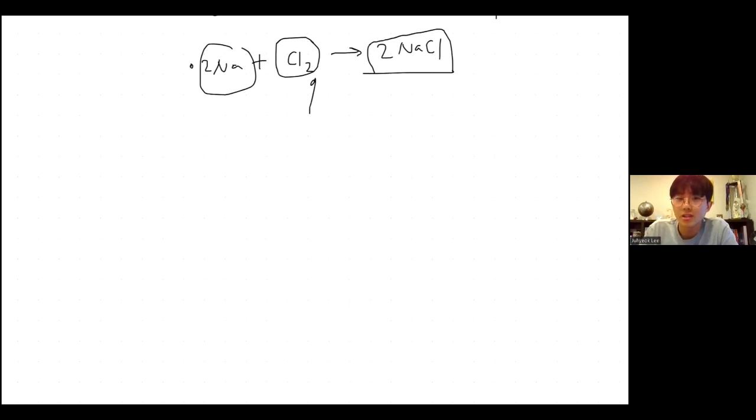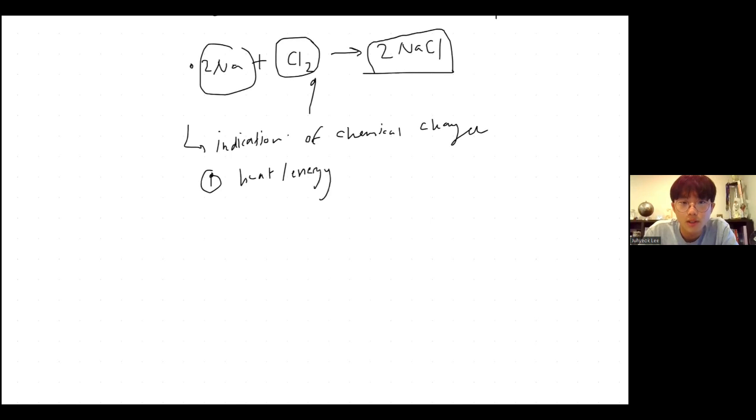And here are some indications to help you on the test or whatever that it is indeed a chemical change. Indications of chemical change, let's just number them. Number one, heat or energy is released.